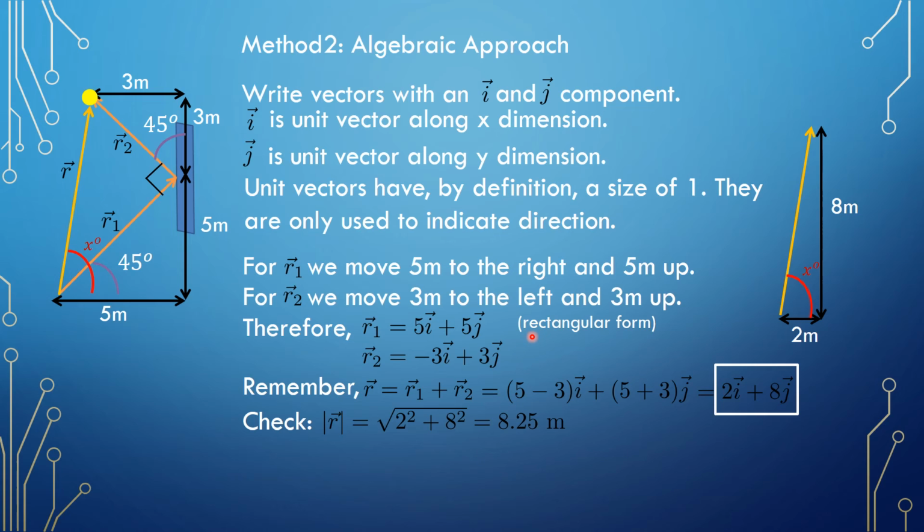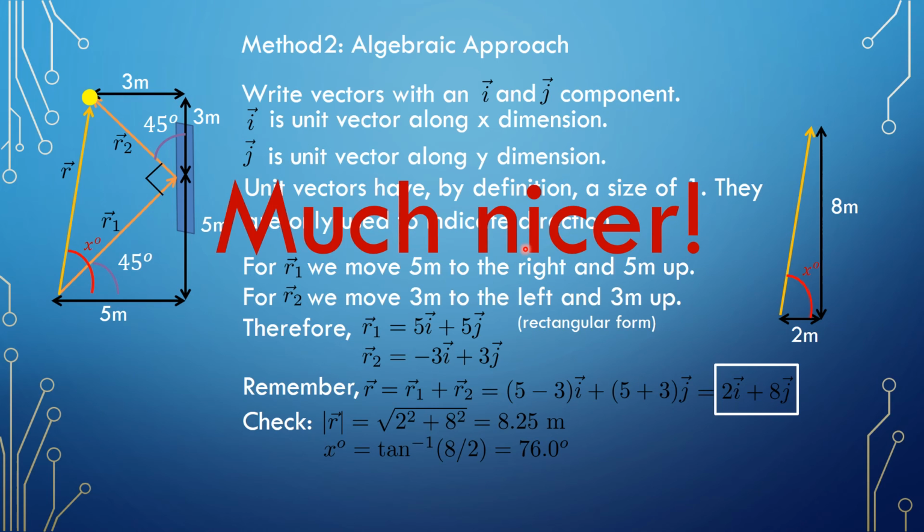And the angle it makes with the x-axis, x degrees here, is the inverse tan of 8 divided by 2, which comes out as 76 degrees. So fantastic. It is exactly the same vector, and it completely agrees with our geometric approach. And I'm sure we can all appreciate that the algebraic approach is much nicer, especially when we have vectors without right angles between them and many vectors we want to add together. This approach is much more preferred.